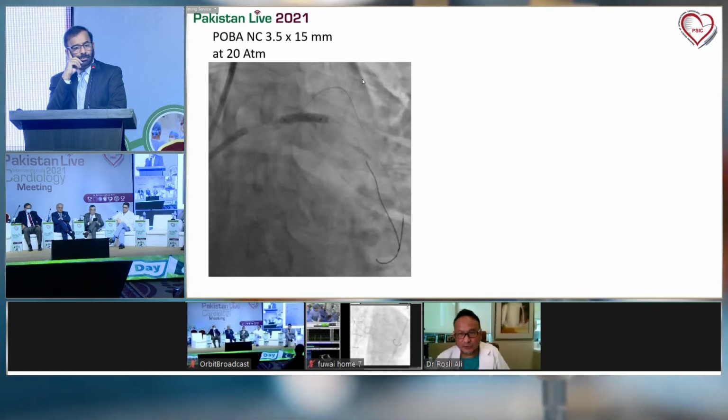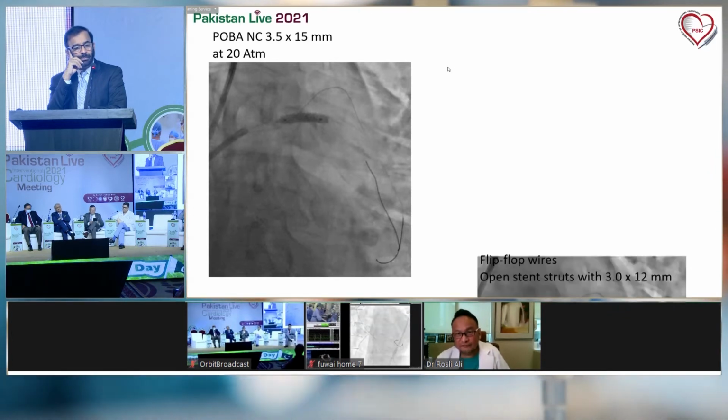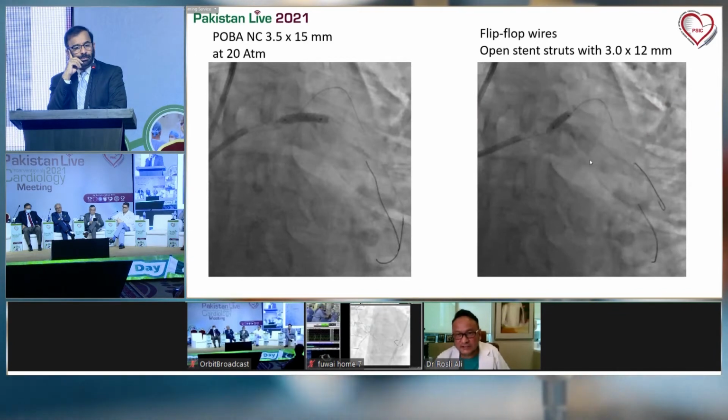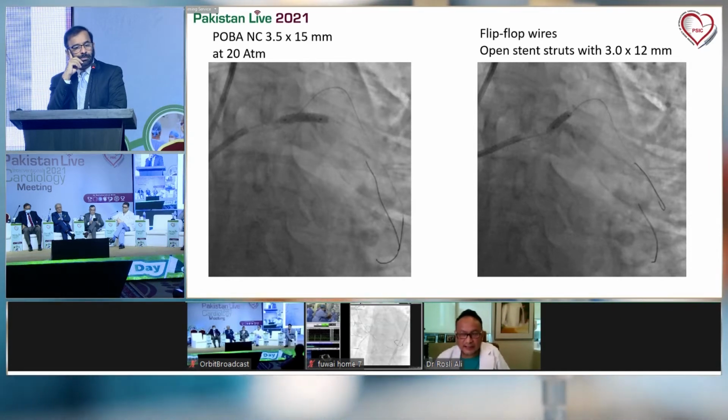After that, a 3.5 non-compliant balloon went to the LAD at 20 atmospheres to ensure that especially the ostium is well expanded. With the wires, after flip-flopping the wires, the struts were opened with a 12 mm balloon.